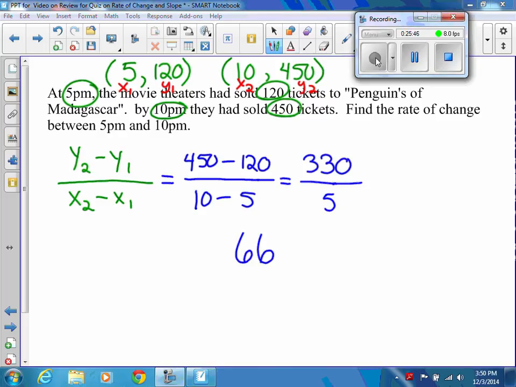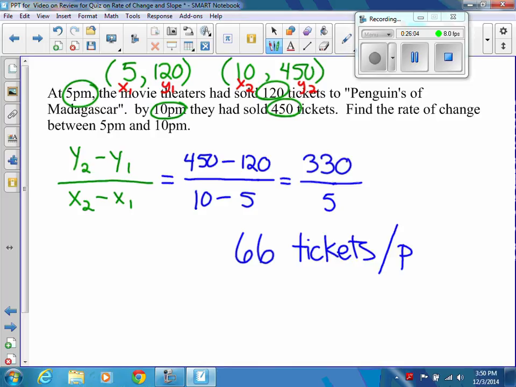But 66 what? What are we looking at here? What are we comparing? You should say 66 tickets, because that's what we're talking about here. The 66 is referring to the tickets, but it's per, oops, sorry, I don't need the word per, because I have a slash instead.